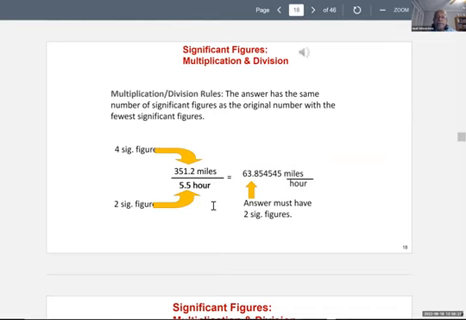The second number, which you divided, 5.5, has 2 significant digits. The answer 63 should have two significant digits, because two is the lowest. Like the uncertainty in the decimal place, the lowest significant figure governs.